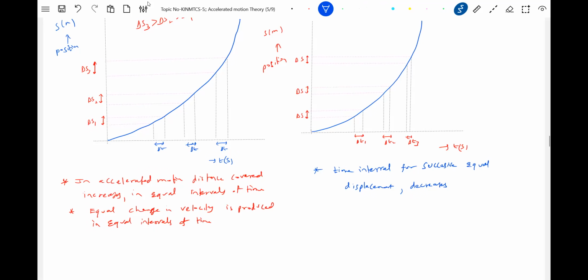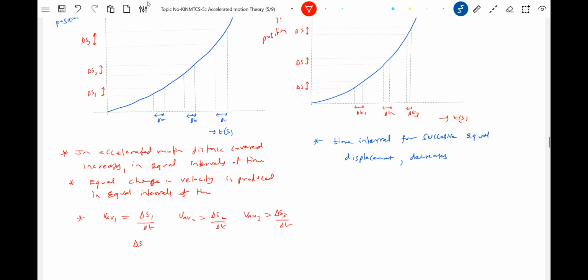So let me write one more data here, looking at this. V average 1 is delta S1 by delta T. V average 2 is delta S2 by delta T. V average 3 is delta S3 by delta T. So V average 3 is greater than V average 2, greater than V average 1.